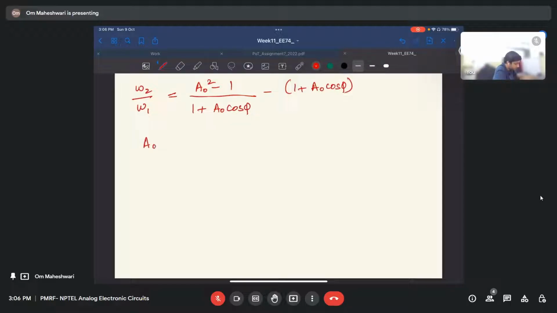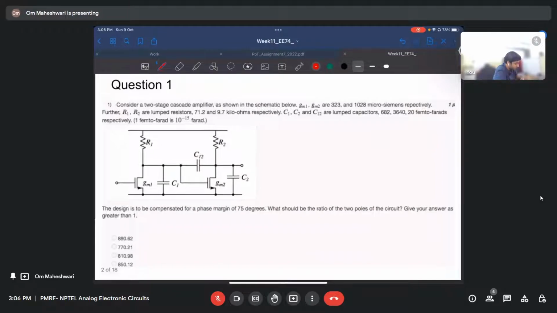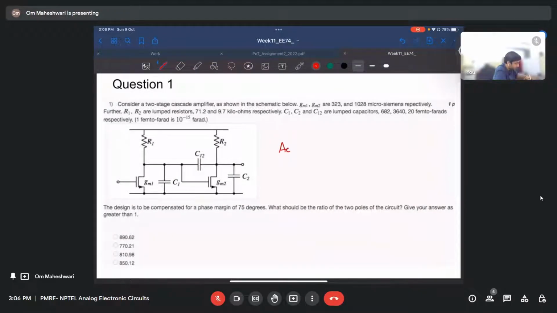Here, since it is a cascaded two-stage amplifier, A0 will be what? A0 is generally GM and Z out, right? So here it will be GM1, GM2, R1, R2. If RDS is approximately infinity, then Z out is simply R1 and R2.